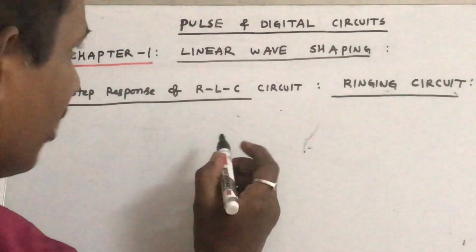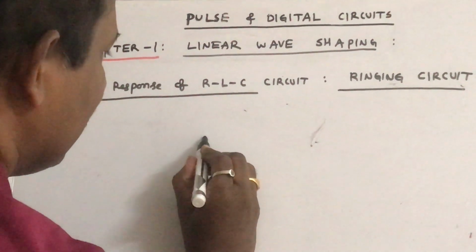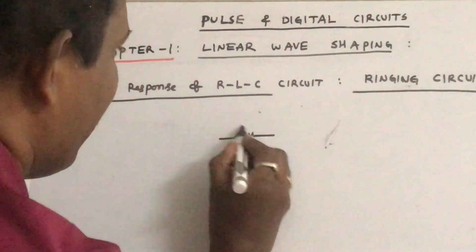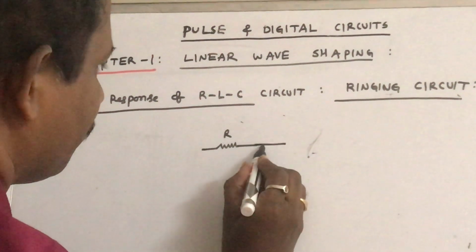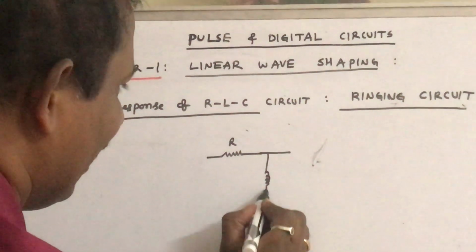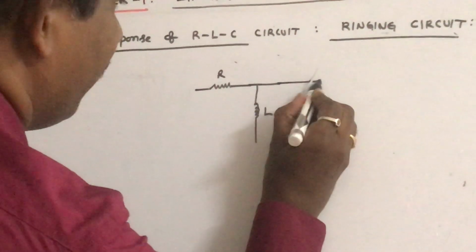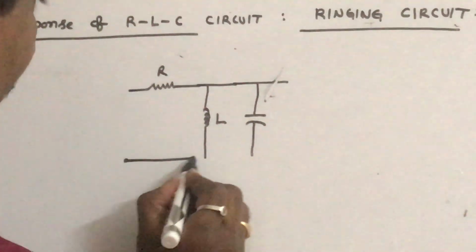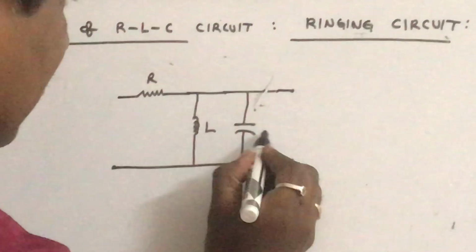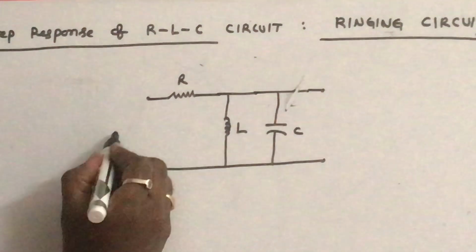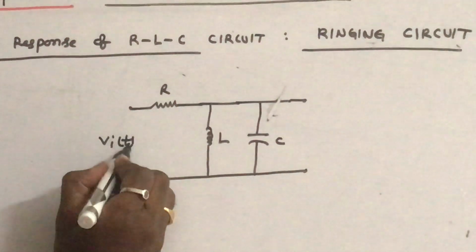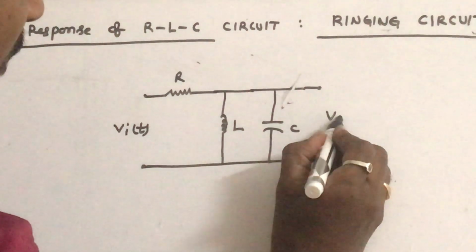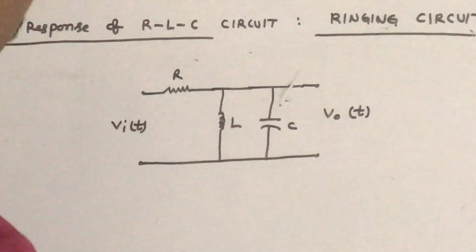Now, as you know, I have drawn earlier the RLC circuit consisting of three elements: R, L, the inductor, and C, the capacitor. This is the input to the circuit, Vi of t, and the output of the circuit is, say, V0 of t.